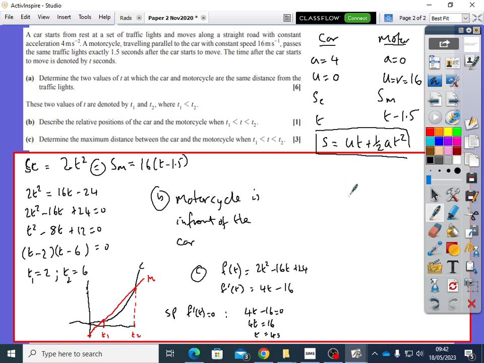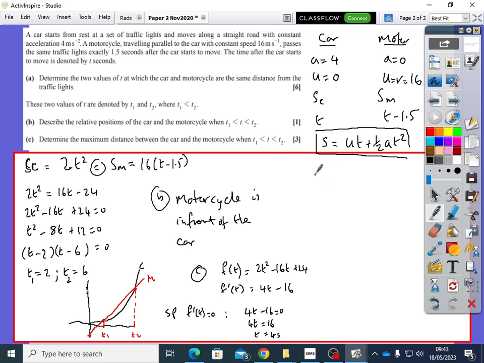Okay, and because it's a positive quadratic, you know that that is going to be a curve like that, and that's going to give you the stationary point there. Okay, so let's just have a look, maximum distance between the two lines.